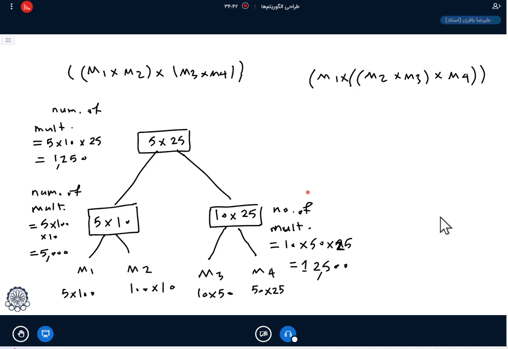The number of multiplications here will be 1250.